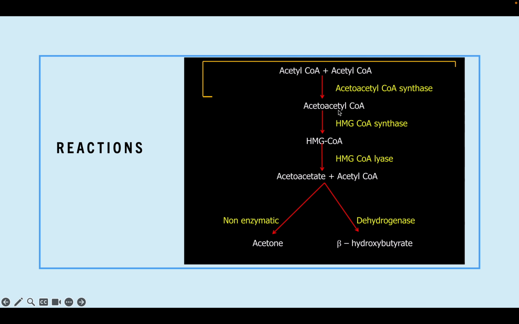Acetoacetyl coenzyme A is a 4 carbon compound, and HMG CoA is a 6 carbon compound, because another acetyl coenzyme A condenses with it. This then gets broken down, and one acetyl coenzyme A is released and acetoacetate is also released. If you remember from my previous slide, acetoacetate is one of the major ketone bodies, and it can be converted either to acetone or beta hydroxybutyrate by the action of different enzymes.